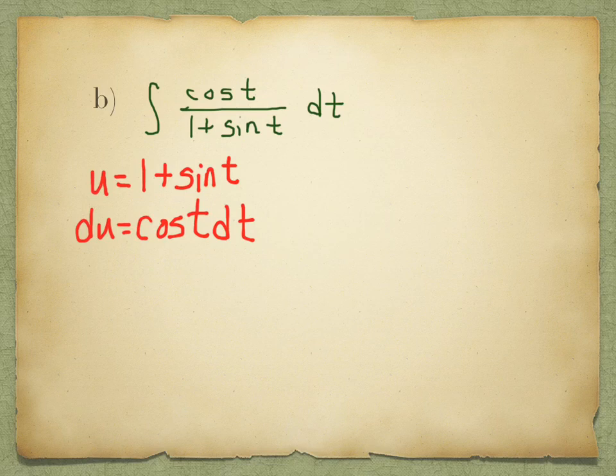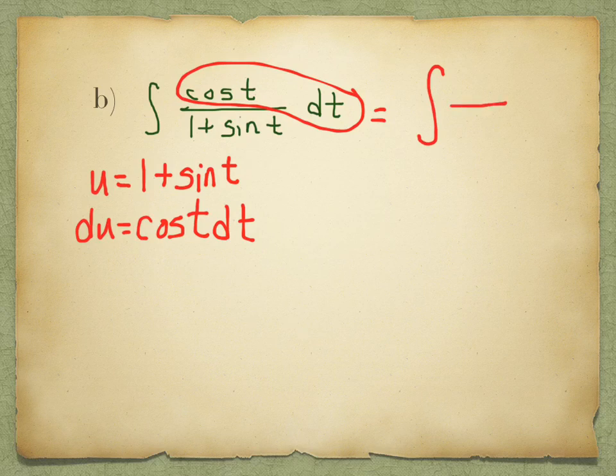And that's really good because that's what's right here, isn't it? It's exactly what the other portion of my expression represented. So I can replace the 1 plus sine t with u in the denominator. And I can replace the part that's circled, cosine t dt, with du. You can put it in the numerator or you can put it afterwards, either way. I tend to put mine afterwards, but either's fine.